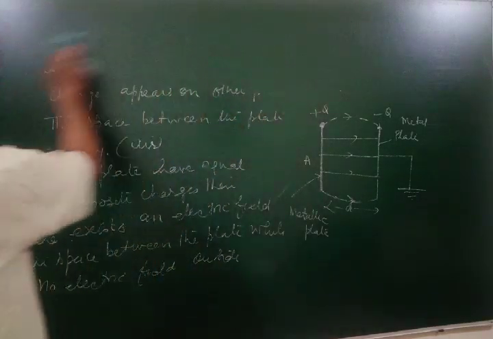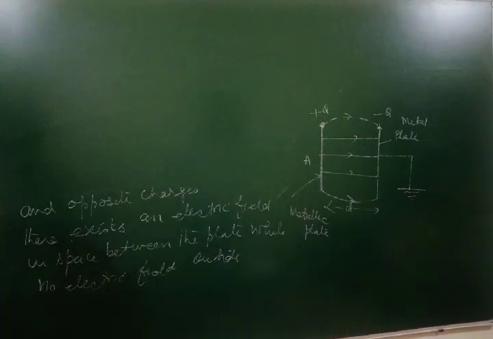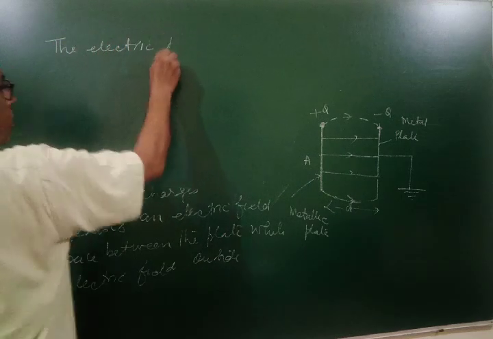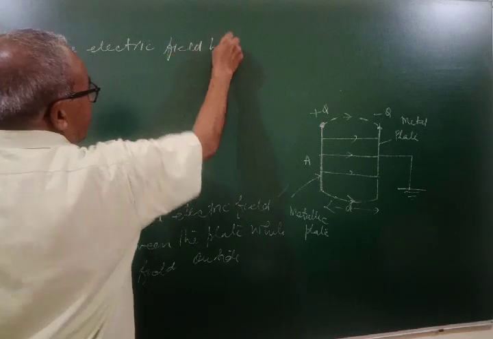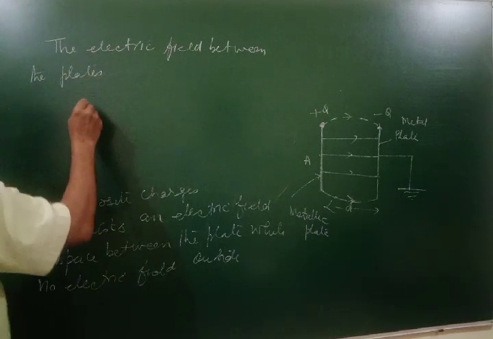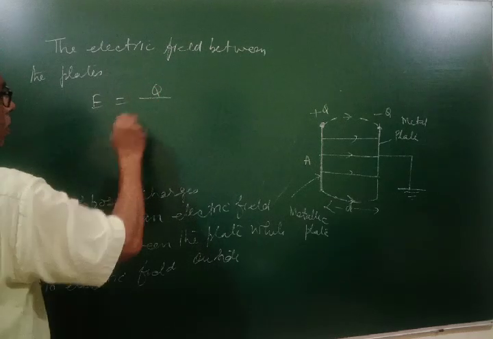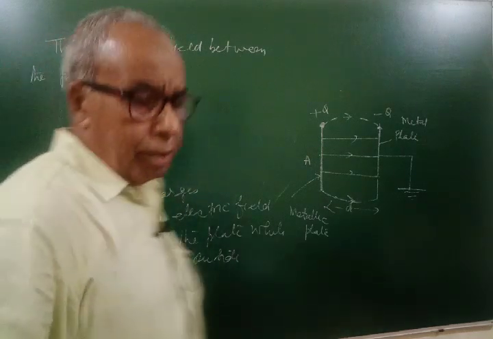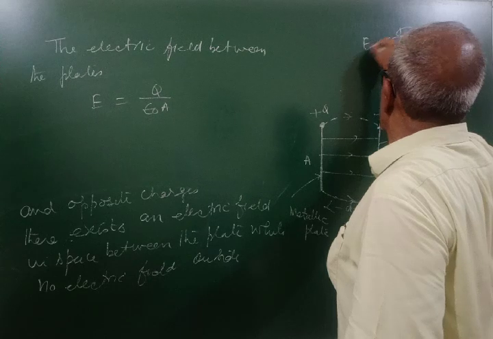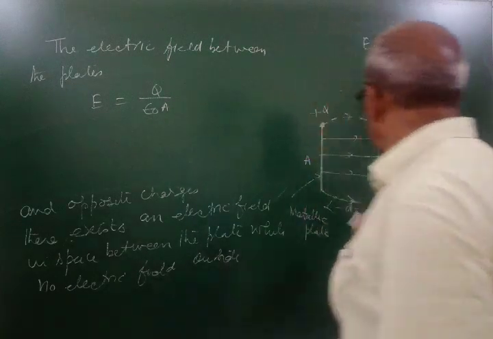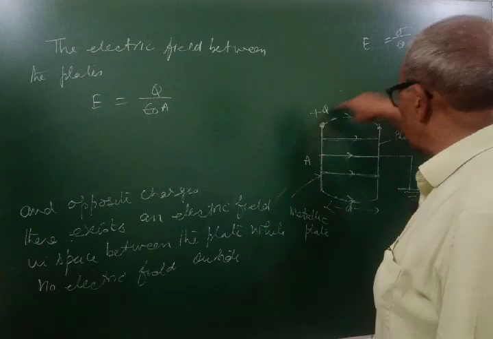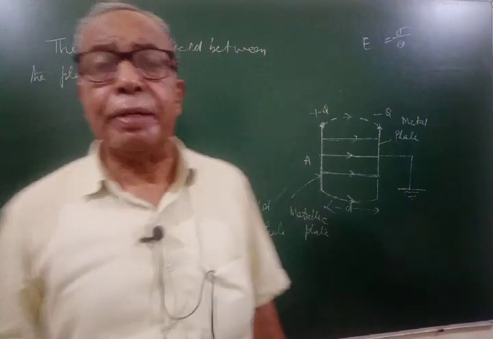And this electric field between the plates is equal to Q upon epsilon 0 A. In Gauss theorem we have learned it is sigma upon epsilon 0, where sigma is equal to Q upon A. Here I have shown this field by parallel, equidistant field lines, which is a uniform field, but outside it is shown by a curved dotted line.